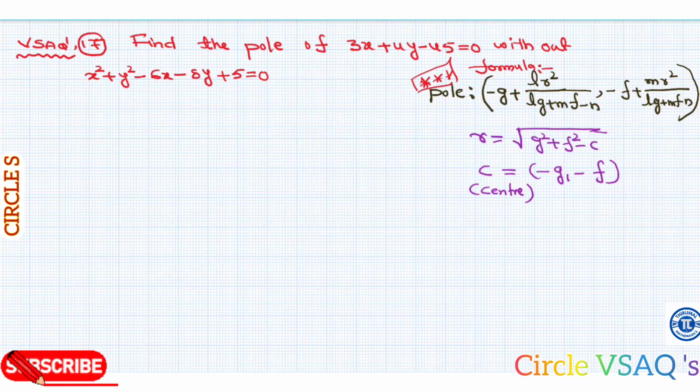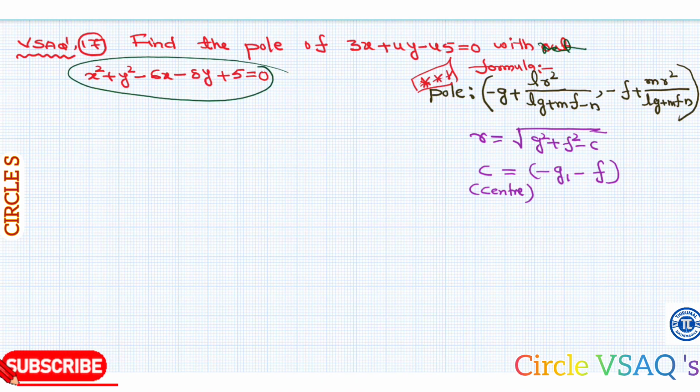Now question number 17, find the pole of the line 3x plus 4y minus 45 with respect to the circle x square plus y square minus 6x minus 8y plus 5 equal to 0.